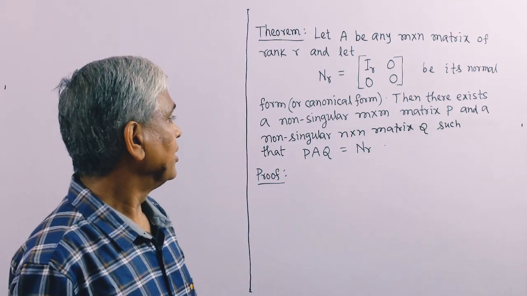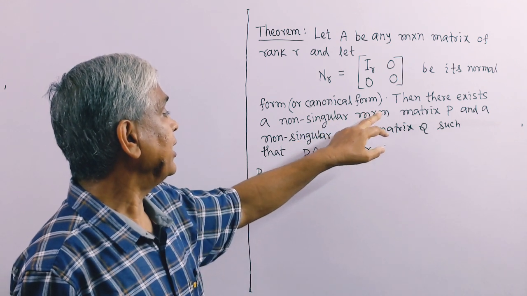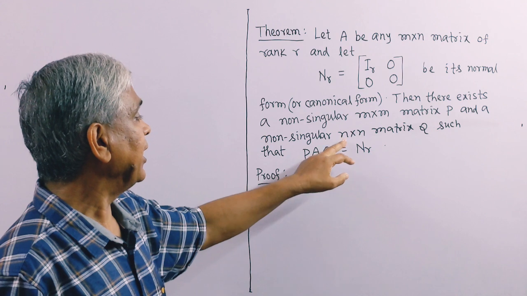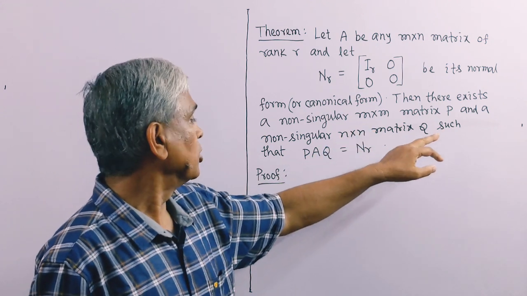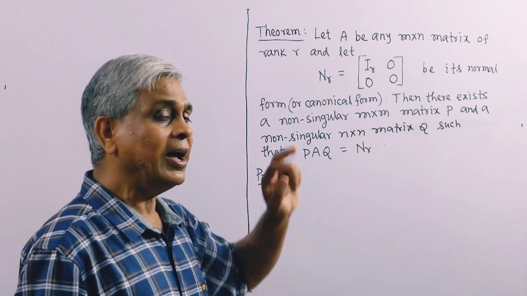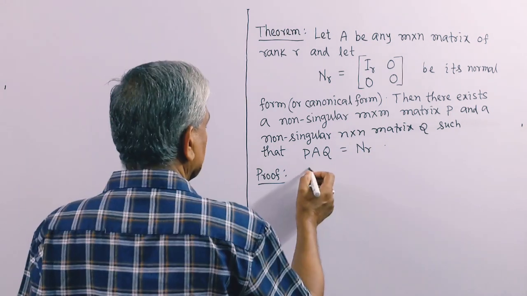Then there exists a non-singular m by m matrix P and a non-singular n by n matrix Q such that PAQ equals Nr. Now we prove this.